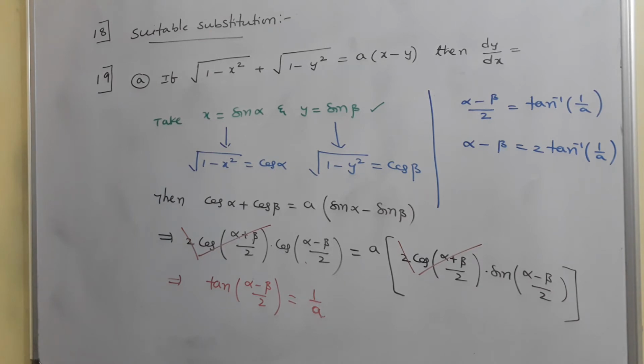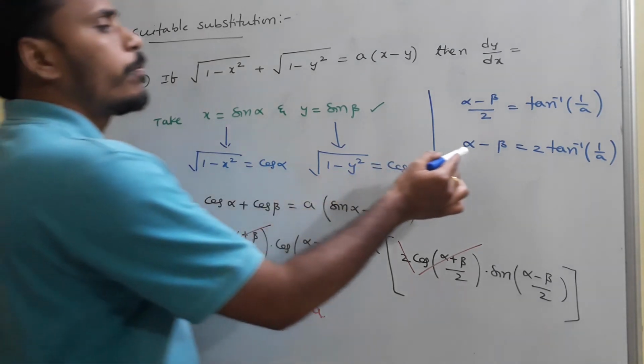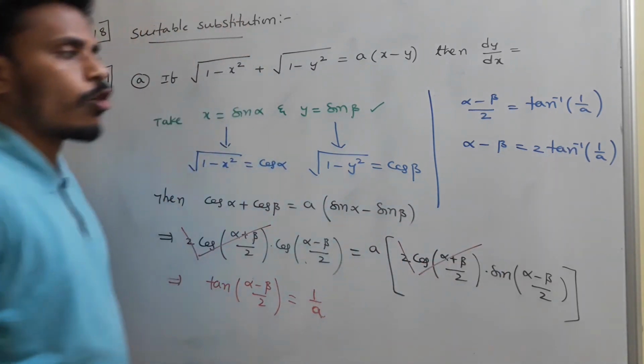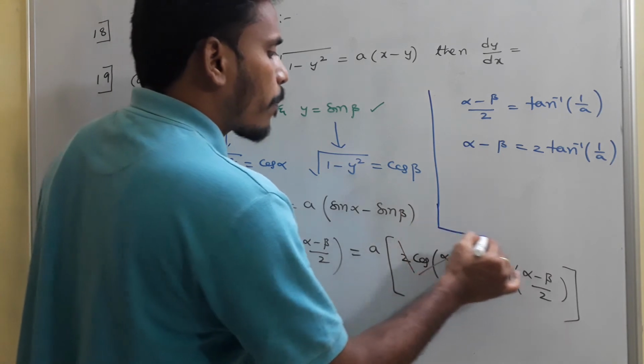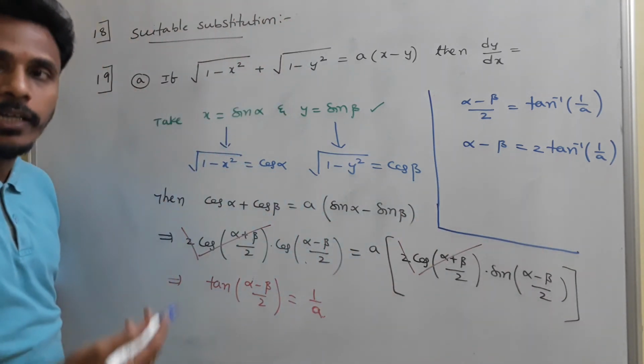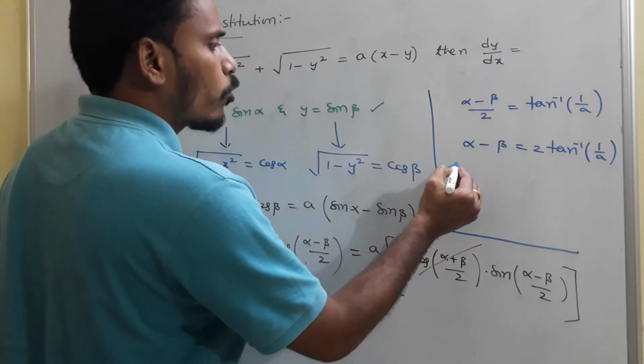So we need to find dy by dx, right? Now I do one thing. I have this alpha minus beta is equal to 2 tan inverse of 1 by a. Now you just apply derivative with respect to beta.